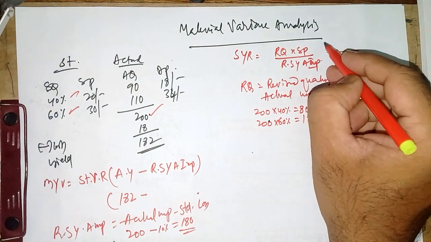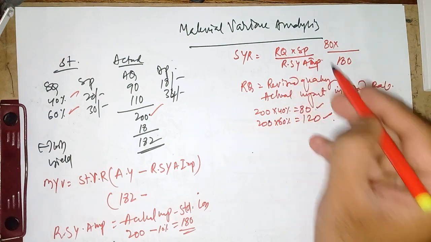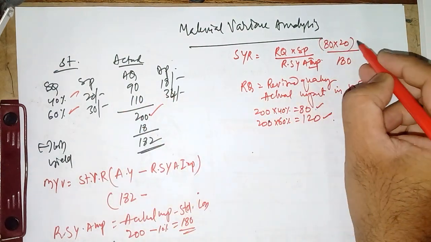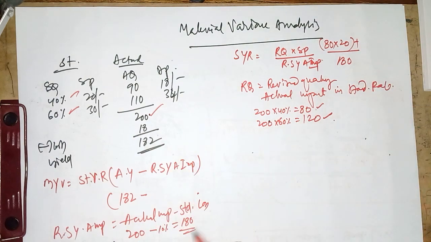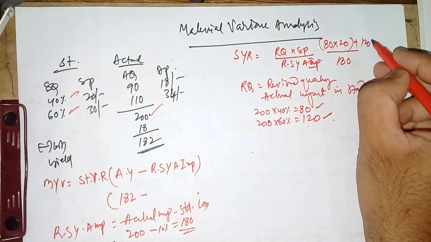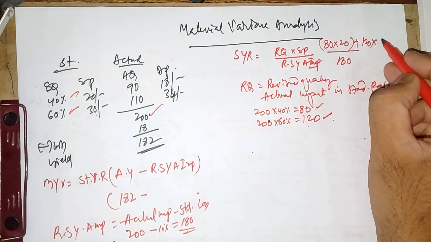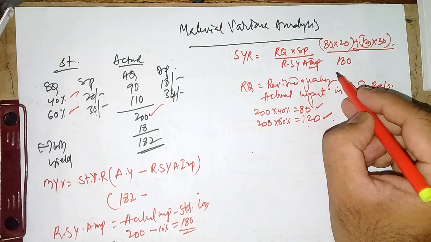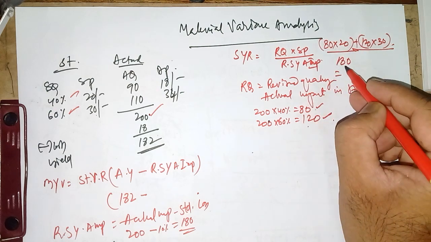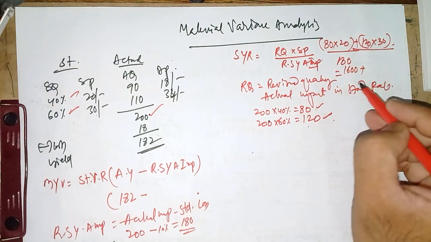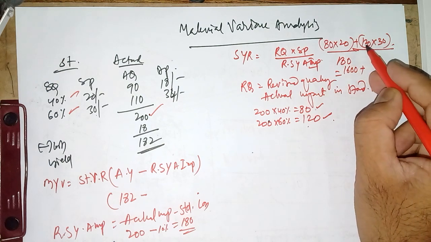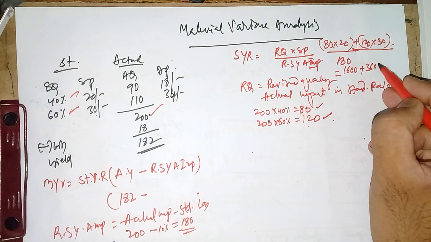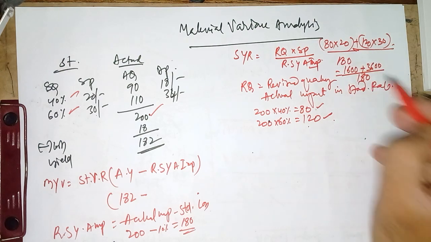So put in the formula: 80 into standard price 20, plus RQ 120 into standard price 30. So it will be 80 into 20 is 1600, plus 120 into 30, 12 3s are 36, 3600, divided by 180.